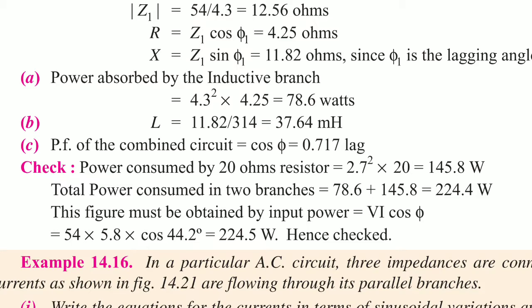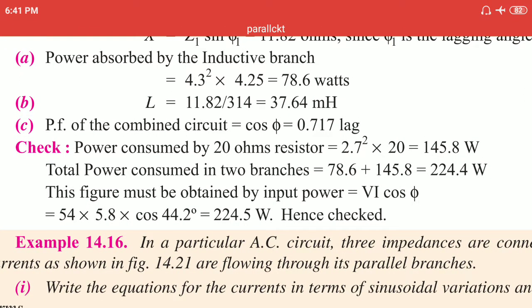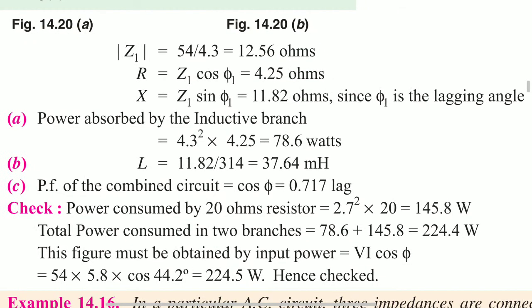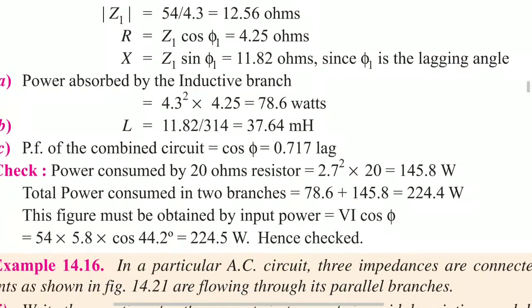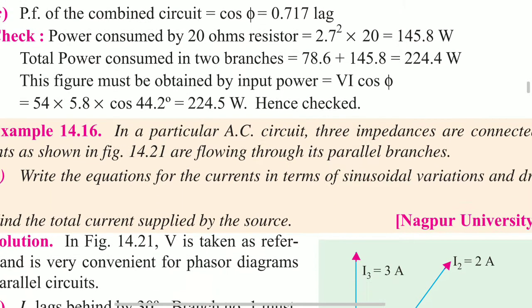The total power consumed in the two branches is 78.6 plus 145.8, that is equal to 224.4 watts. This figure must be obtained from the input power, which is equal to V I cos phi. So V is 54, I is 5.8, and cos phi with phi 44.2 degrees gives 224.5 watts. Hence checked. It is proved.